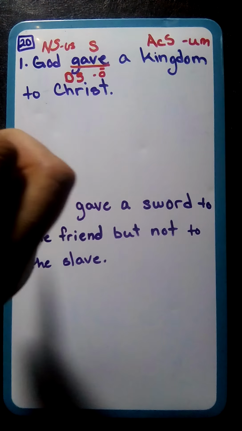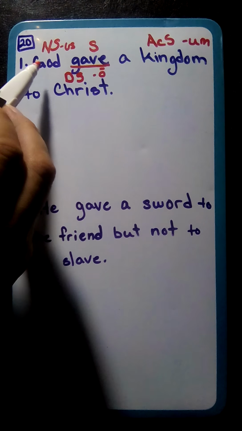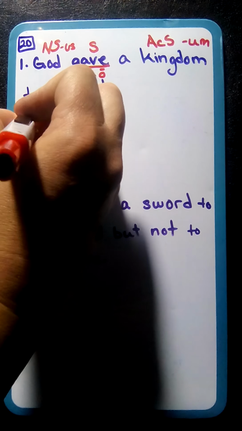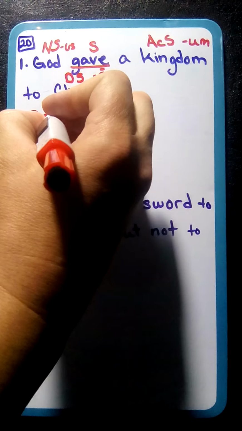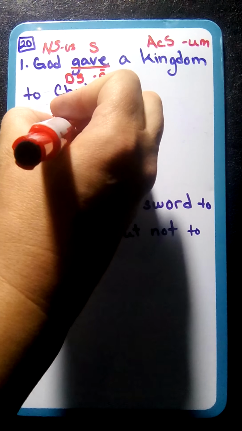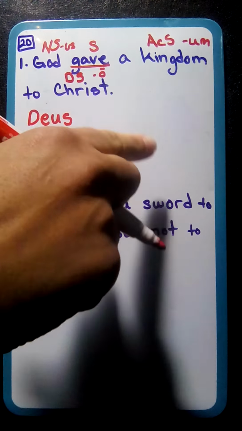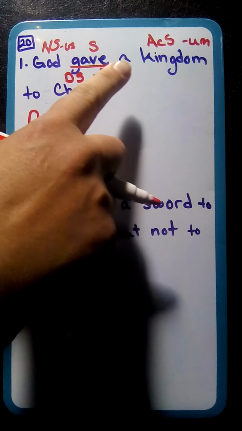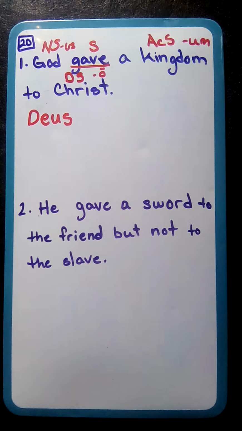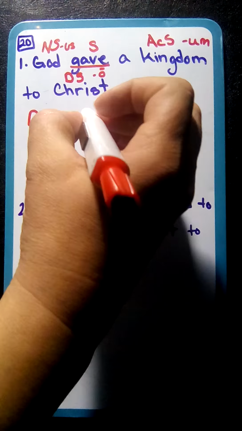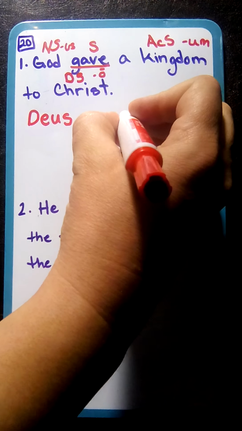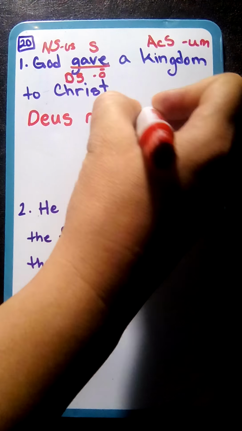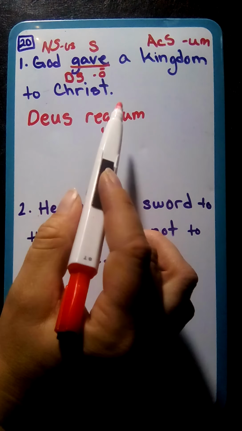So let's go ahead and write this out. We're going to start with our subject, God, de, with the ending of us, Deus, saving our verb for the end of the sentence. Moving on to our direct object of kingdom, so regn, we're having the ending of regnum, Deus regnum.